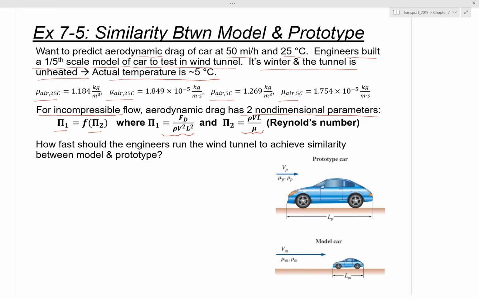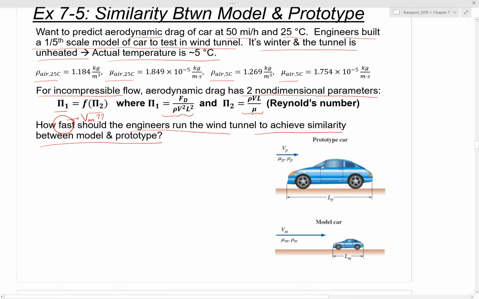Now, how fast should the engineers run the wind tunnel to achieve similarity between the model and the prototype? So, how fast it's asking is the velocity Vm, right? So this is what is being asked.